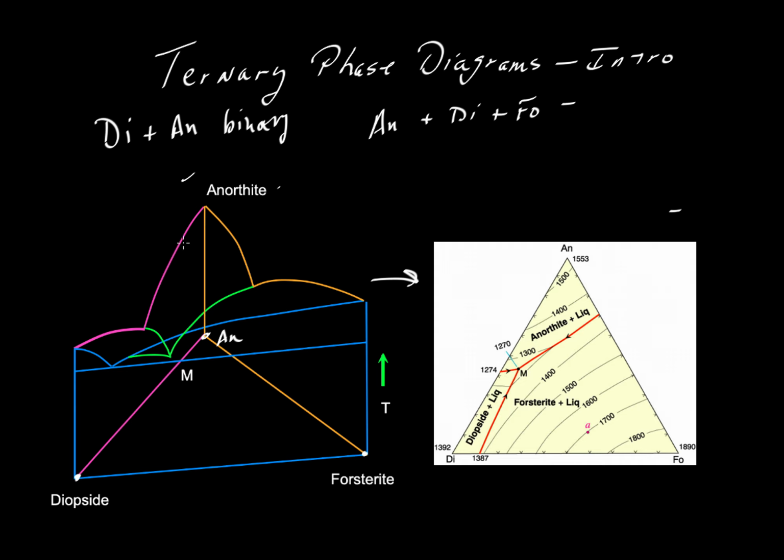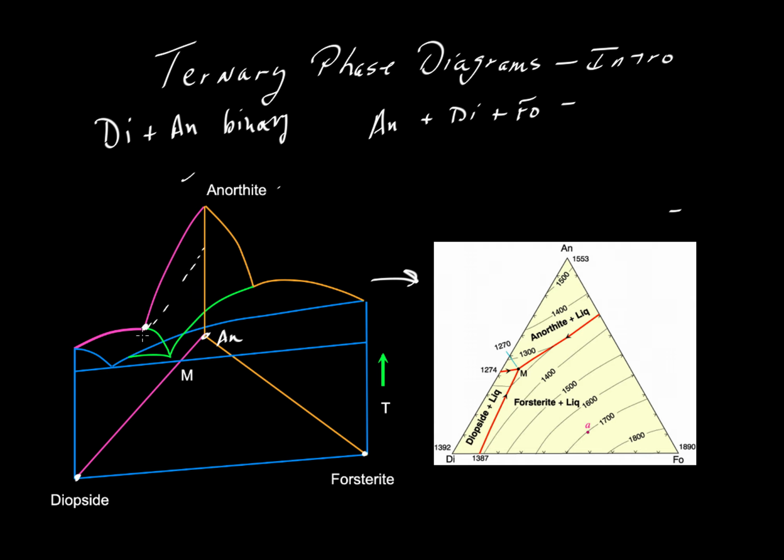And you might remember that that has a eutectic relationship shown by this pink curve, and there is the binary eutectic there. We can draw a line that goes through that eutectic point, and then you can think of the face that's shown here in pink with orange and blue edges as representing that diopside anorthite binary eutectic.